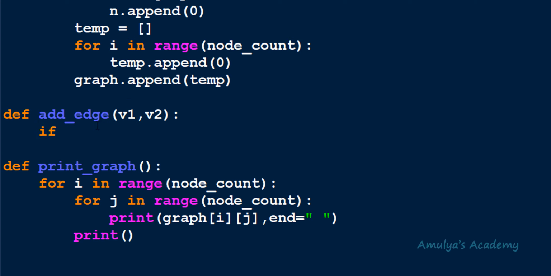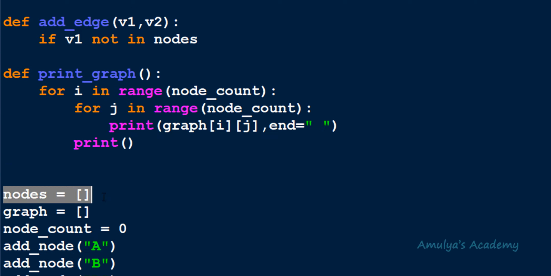First I need to check if v1, that is the first node, v1 not in nodes. What is nodes here? Nodes is a list which contains all the nodes of the graph. Here we have nodes, right? This is the list in which we'll store all the nodes of the graph. So I'll check if v1 not in nodes.